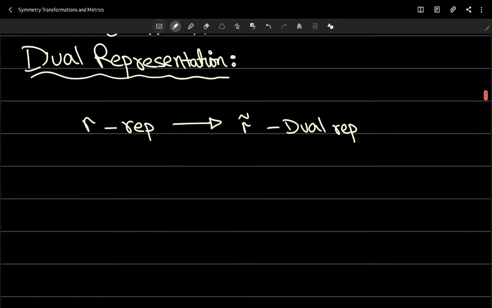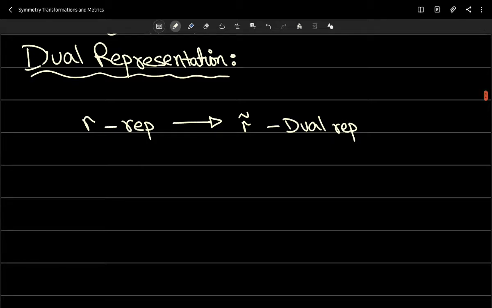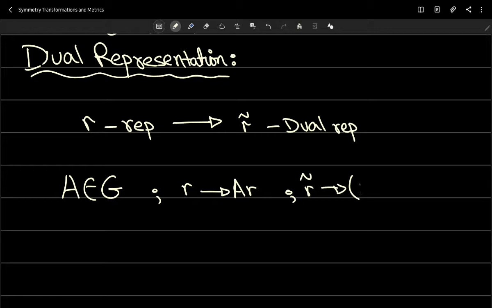So first of all, say that you have a transformation matrix A, and this transformation matrix belongs to some group G. Then you can say that your R transforms as this transformation matrix acting on R, right? And likewise, your dual representation R tilde would transform as this thing, the inverse of the transformation matrix transpose.